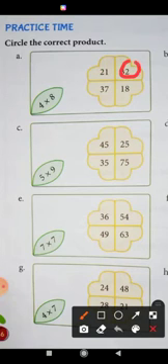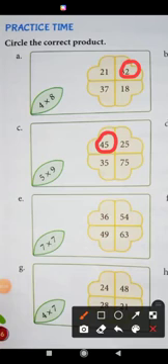Circle the 32. Next one is 5 into 9. Here answers are given: 45, 25, 35, 75. So 5 9s are 45. Circle the 45.